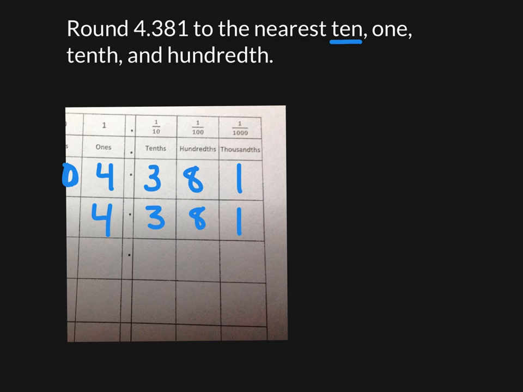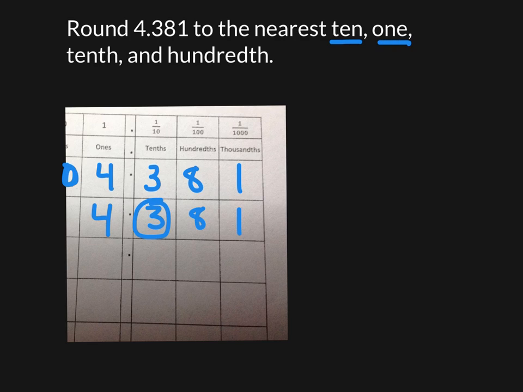And I'm going to be concerned about the ones place. This number is going to be between 4 ones and 5 ones, and I'll be looking at the tenths place to decide whether it's closer to 4 or 5 wholes.